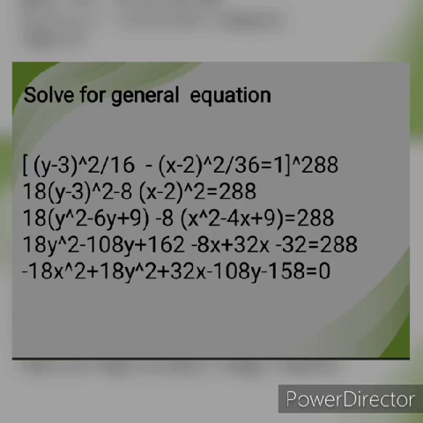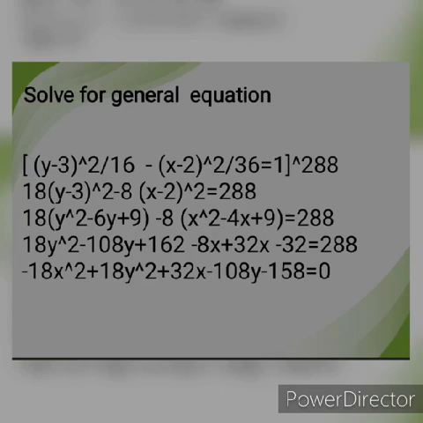So that's why we come up with 18 times (y - 3) squared minus 8 times (x - 2) squared is equal to 288. After that, we're going to multiply (y - 3) squared by itself and (x - 2) squared by itself.